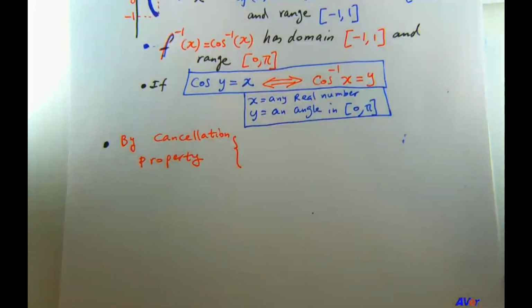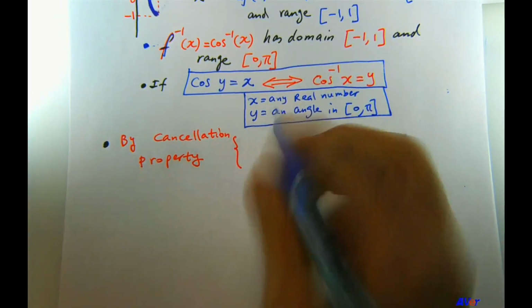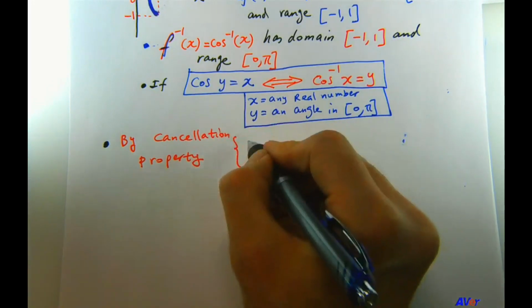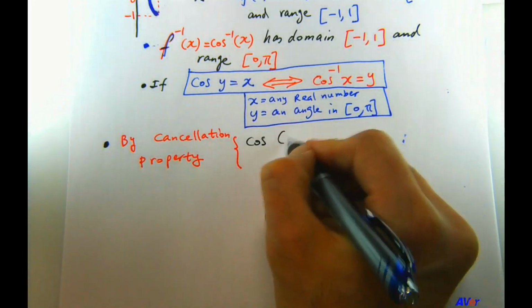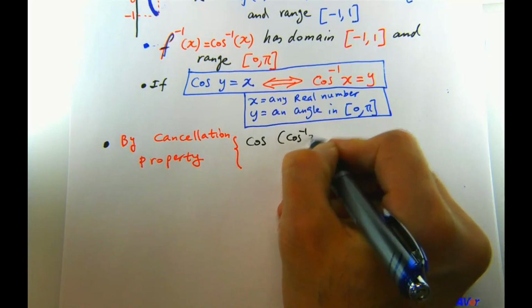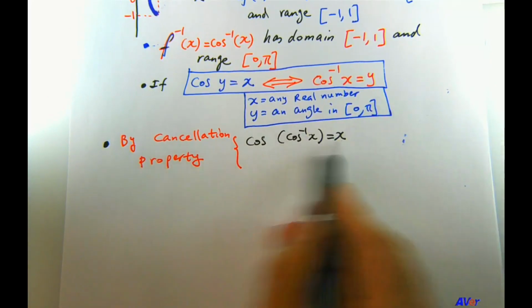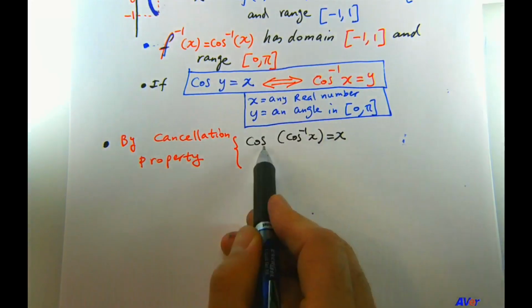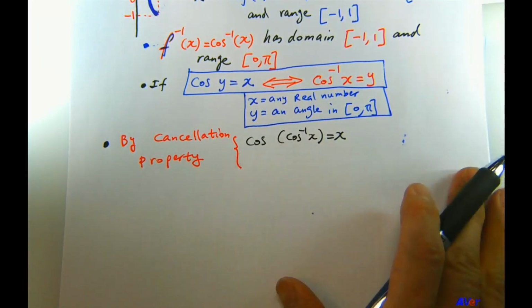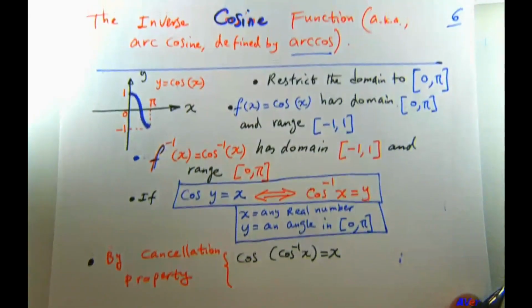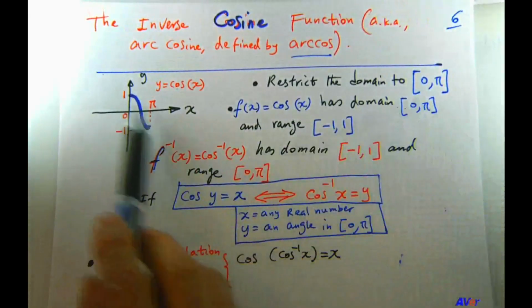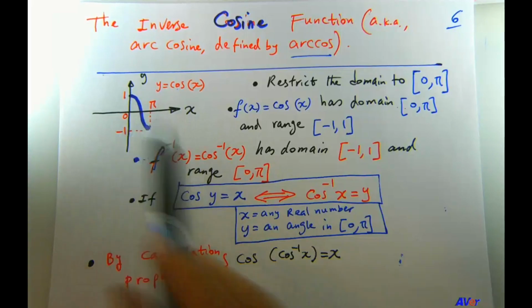By cancellation property, we have cosine of inverse cosine of x equals x, and this x is in the range of the cosine function, which we know was negative 1 to 1, right?